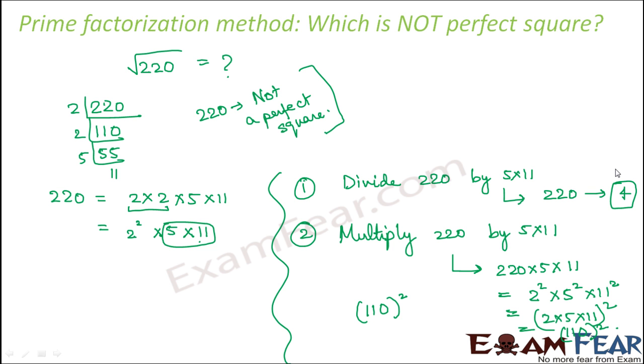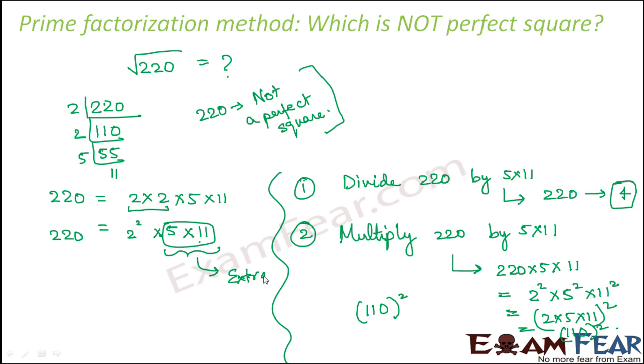So therefore, for a non-perfect square, if you ever come across this situation where when you prime factorize a given number, you are not able to see that number as a square of a whole number, that means that number is not a perfect square. But if you still want to get a perfect square from that number, then you either need to multiply or divide that number with this extra part of the number, because in this case this 220 is not a perfect square because of this extra part, 5 into 11.